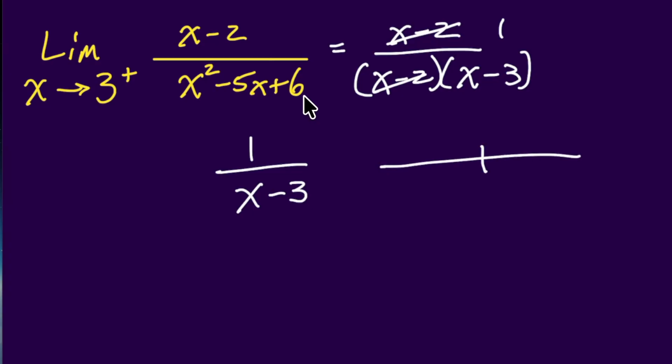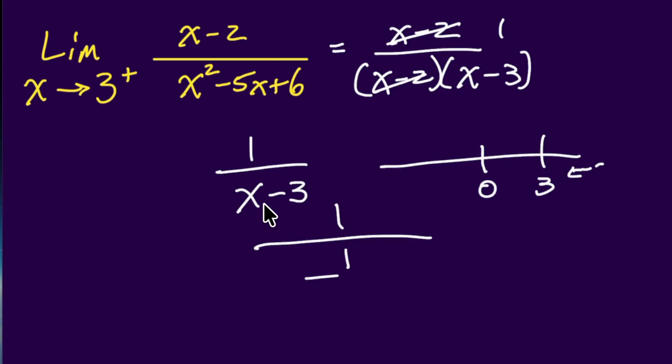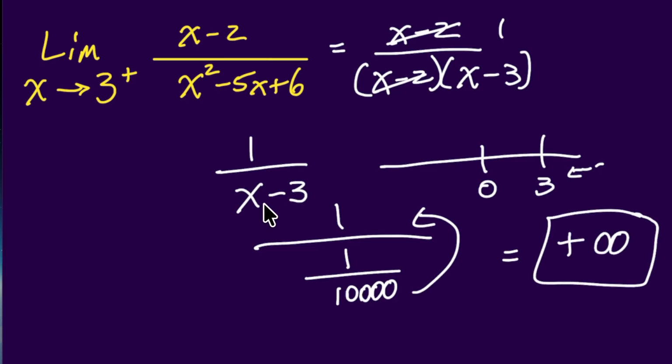So if we're approaching 3 from the right, we're talking about numbers that are slightly bigger than 3. And when we subtract 3 from it, we're going to get a very, very small positive number in the denominator. We're going to do keep, change, flip, and this limit is going to go to positive infinity.